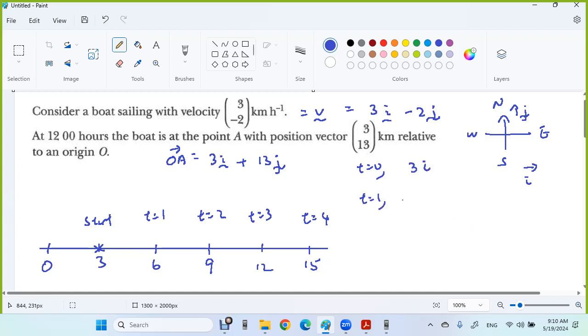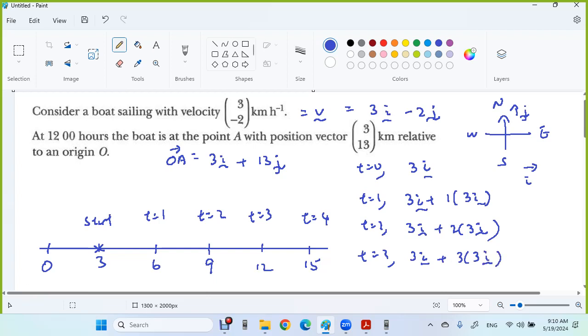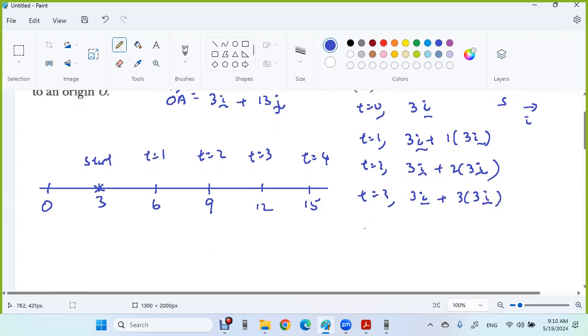T equal to 1, then it is 3i plus 1 multiplied by 3i. T equal to 2, it is 3i plus 2 times 3i. T equal to 3, it is 3i plus 3 times 3i, and so on. So for general t, it is 3i plus t times 3i.